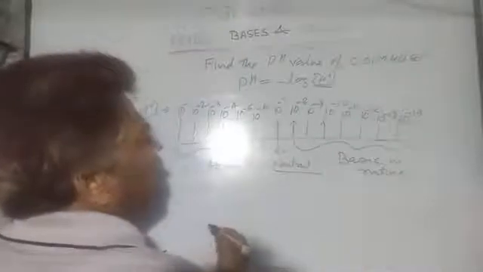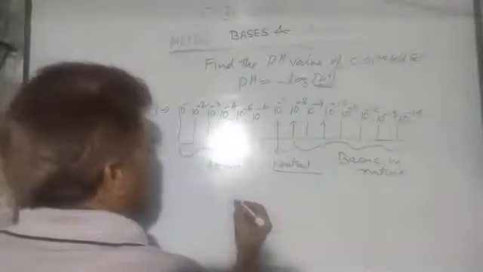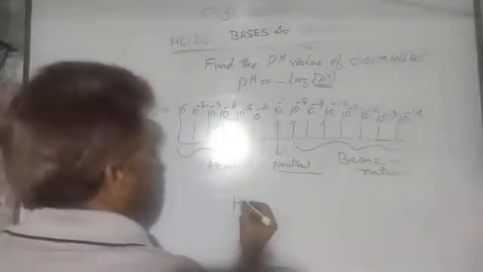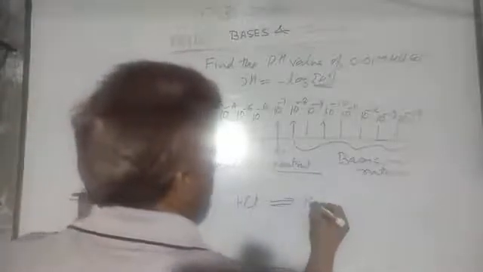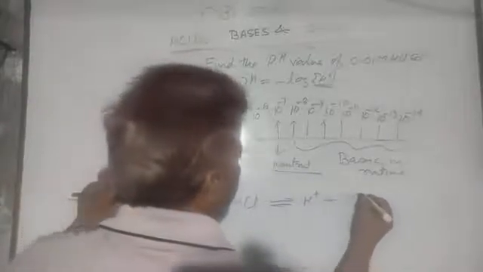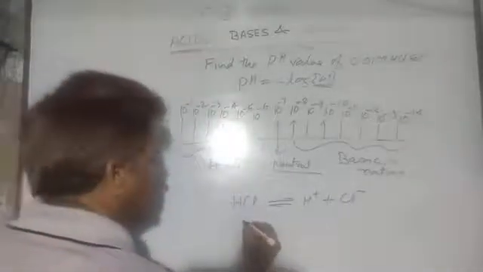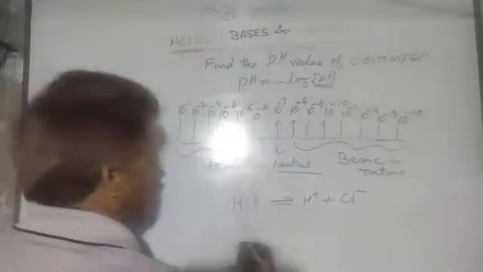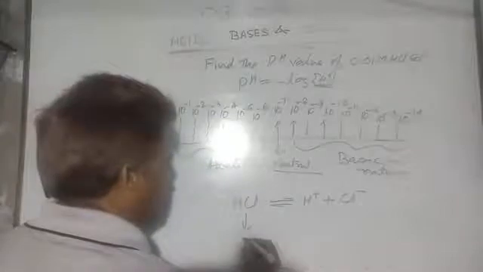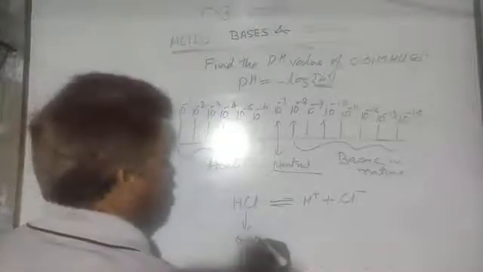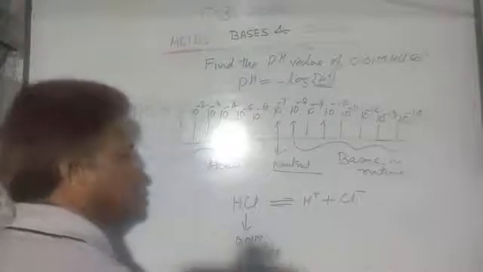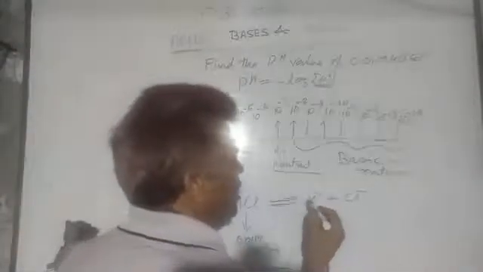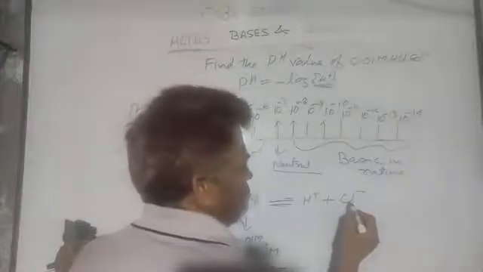In the 0.01 molar hydrochloric acid solution, HCl splits into ions in this form, hydrogen ion and chloride ion, as all of you know. The concentration of hydrochloric acid given is 0.01 molar, that is 10 to the power minus 2 molar, isn't it? Here 1 mole HCl dissociates into 1 mole H+ and 1 mole Cl-.